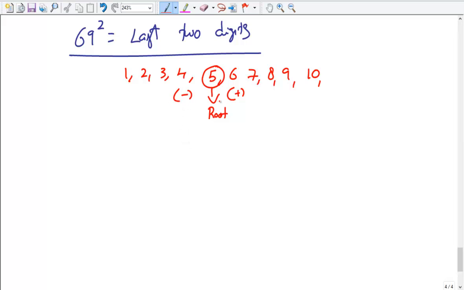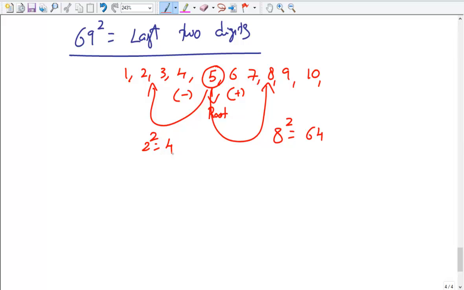Now let's see 8 square. 8 square is nothing but 64. Now 8 is 3 places away from 5. That's the third digit from 5 on the positive side. Now take the third digit on the negative side of 5. That's going to be 2. Now 2 square is going to be 4.